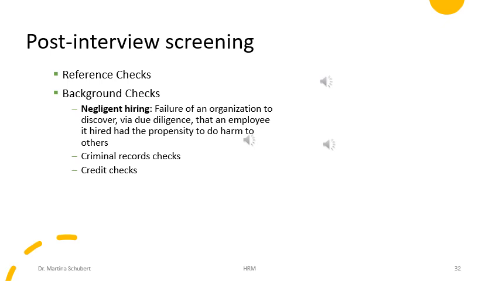Background investigations, which require the consent of the applicant, have become standard procedure for many organizations. Moreover, state courts in the US have ruled that companies can be held liable for negligent hiring if they fail to do an adequate background check.